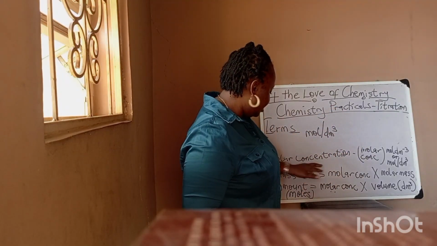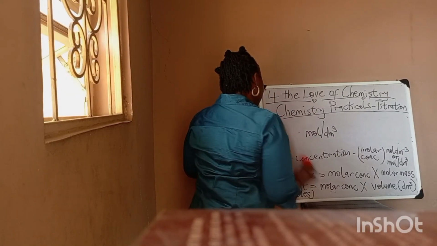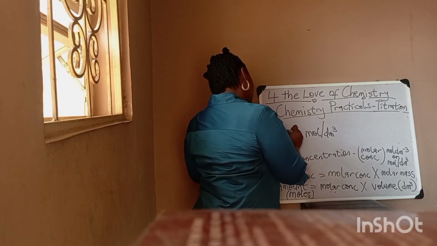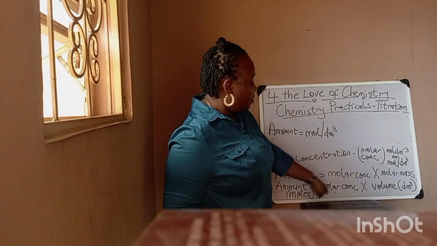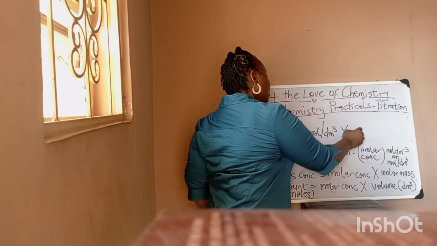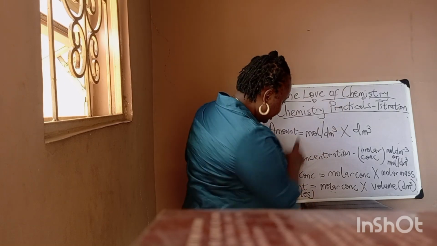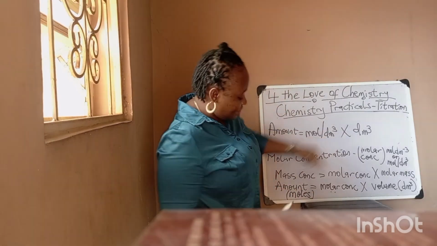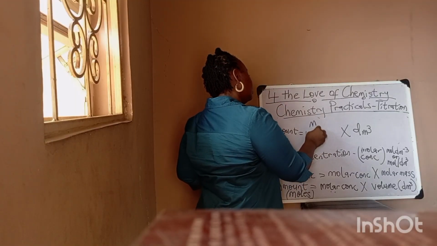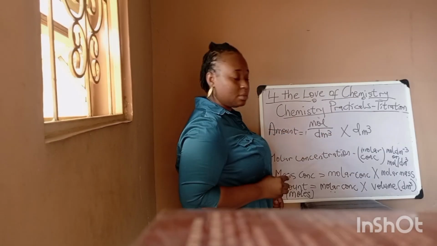So let's look at this. You have amount equals molar conc, which is mole per dm cubed, multiplied by volume in dm cubed. Now, this mole per dm cubed means mole over dm cubed.